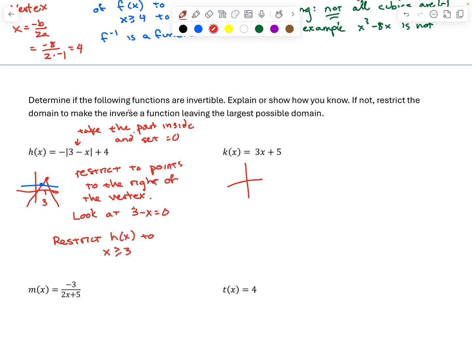This one, lines: all lines pass the horizontal line test, except horizontal lines themselves.